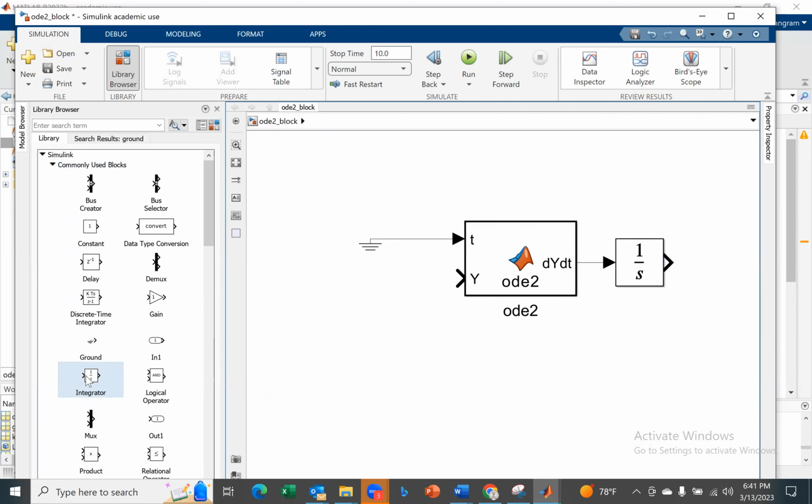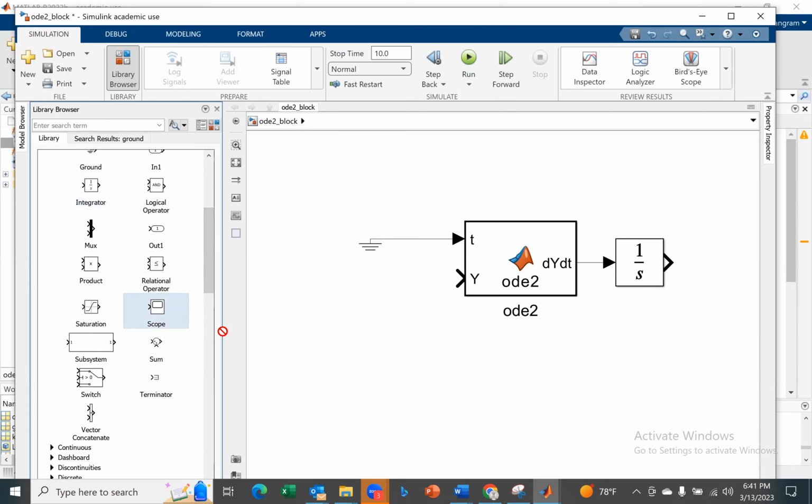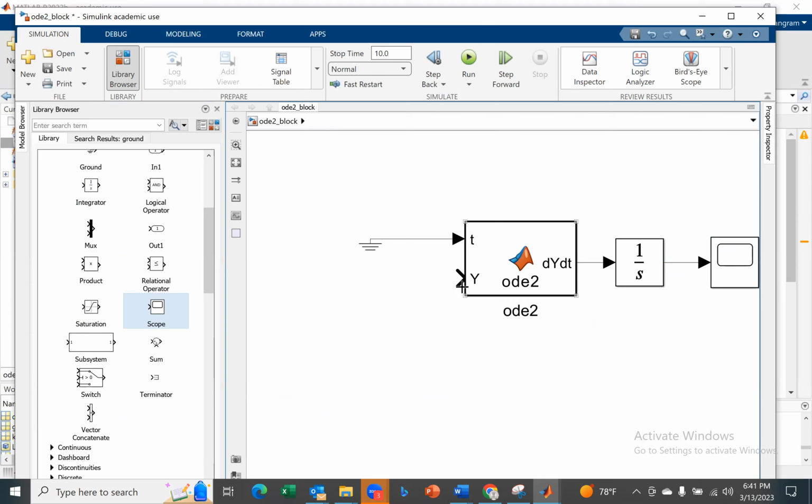Connect it over here. So in scope, add the scope over here, and this Y, drag it and connect it over here. Are you with me so far?